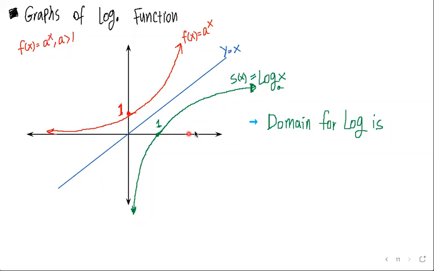So I can say the domain will be the open interval from 0 to infinity. And I have a vertical asymptote, the y-axis.